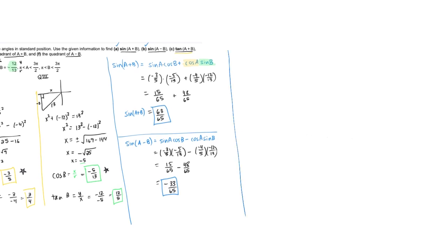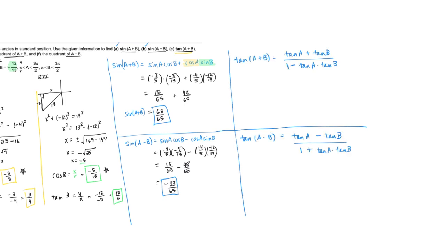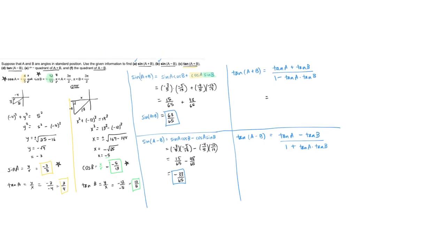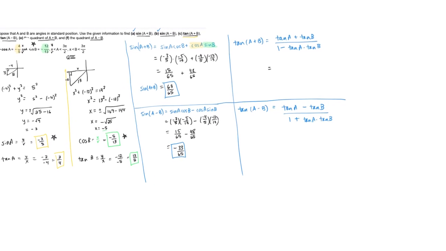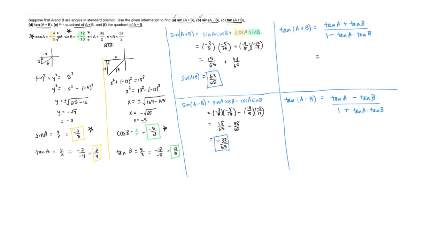So now we need to just look up our tangent formulas. All right, and now plug in what we know. So tangent of, let's see, gotta skip this back a little bit. Tangent of A is 3/4. Tangent of B is 12/5.